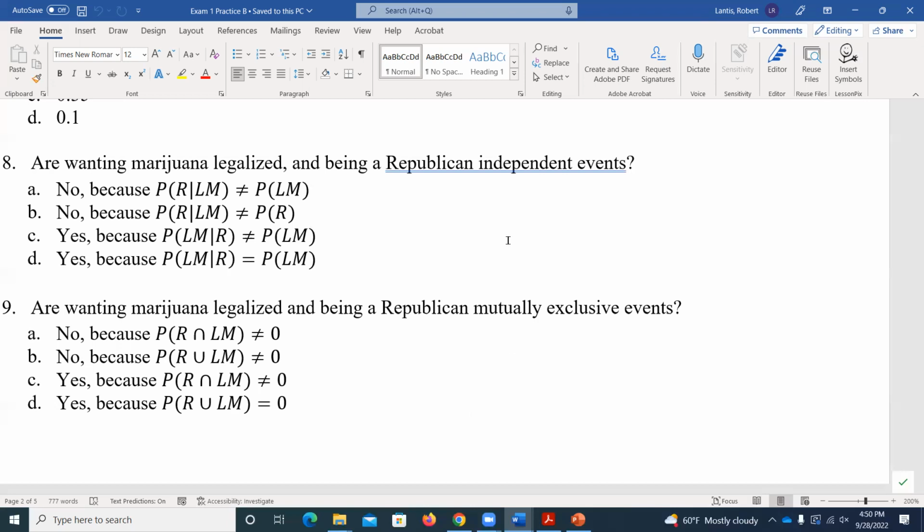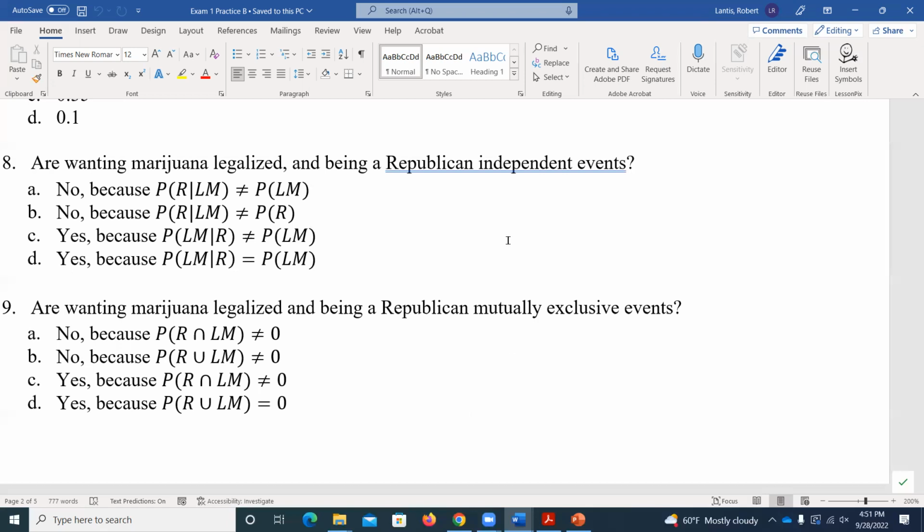You could have checked it the other way as well, which is to look for the conditional probability of R and compare that to the unconditional probability of R. You can check it one way, but as soon as you check it, both ways will either tell you they're both independent or not.